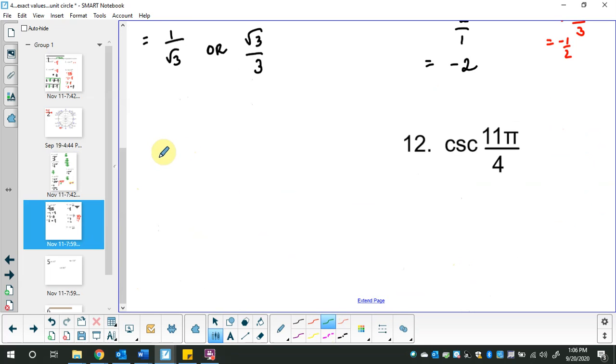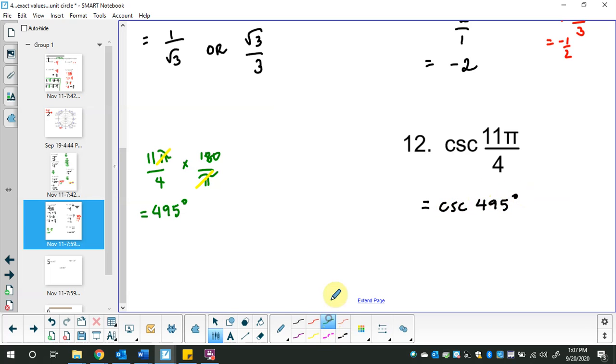So if I take 11 pi over 4 and I times by 180 over pi, my pi's will cancel out. That'll be 495 degrees. So cosecant of 11 pi over 4 is the same thing as cosecant of 495 degrees.